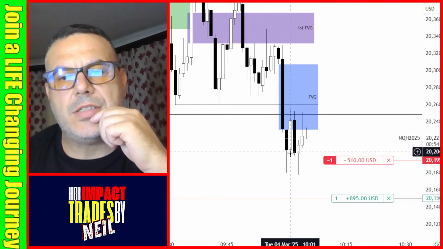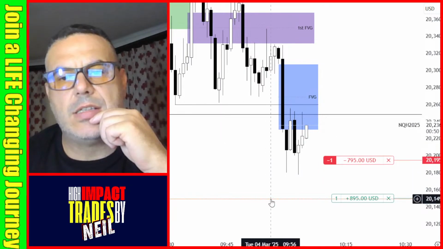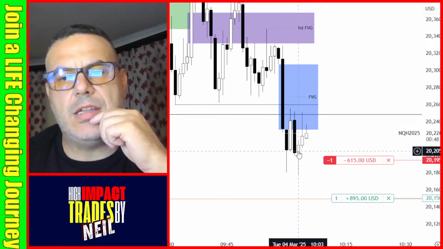The only reason I took the trade down here is because we see this big momentum through this, targeting this low, giving me an opportunity.